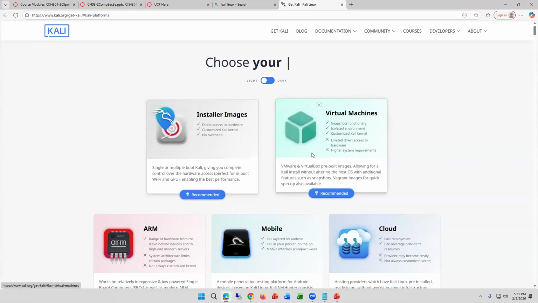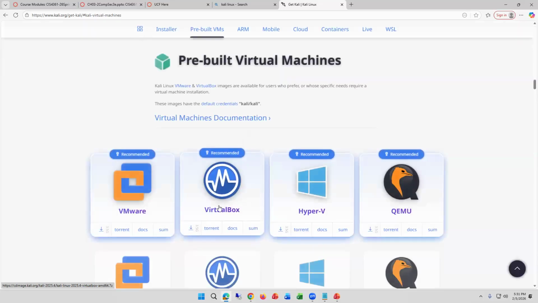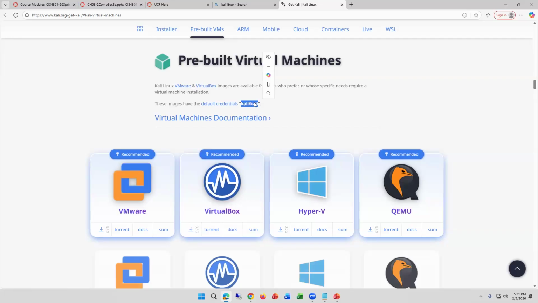You also have the virtual images, and this comes preloaded. So you just download Kali, you download VirtualBox and load it. You don't have to do any step-by-step setup or installation. The issue with that is your credentials will always be kali at kali. Okay, you can add a user account on there, but that's not the best option.